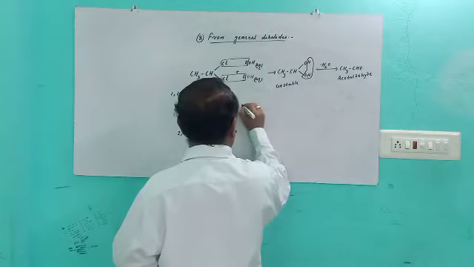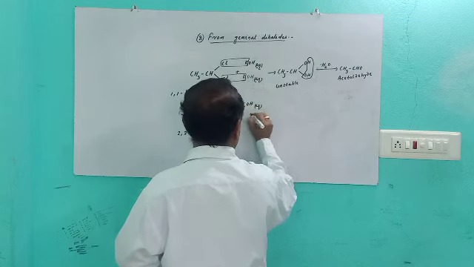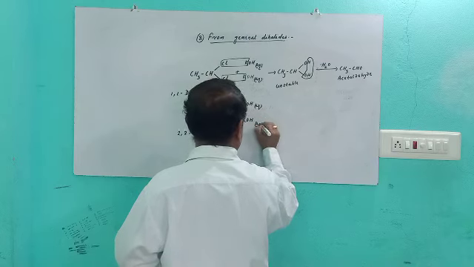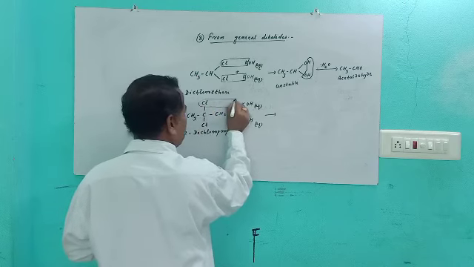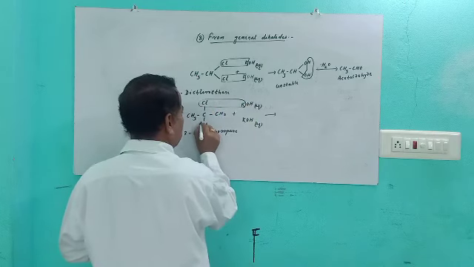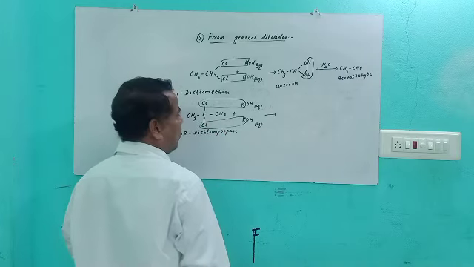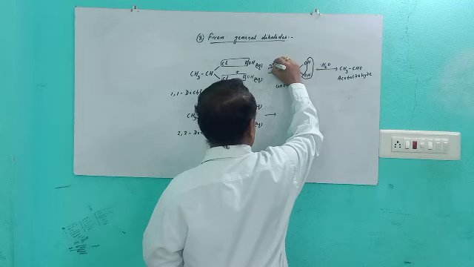When it is treated with aqueous caustic potash solution, the potassium combines with chlorine to form a KCl molecule, and another potassium combines with the other chlorine to form a second potassium chloride molecule.